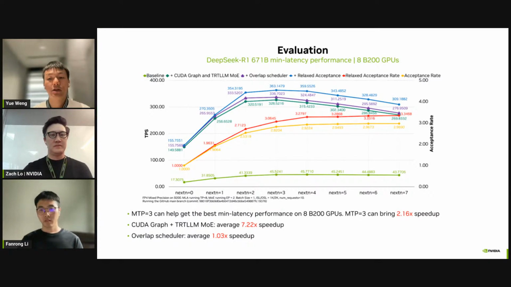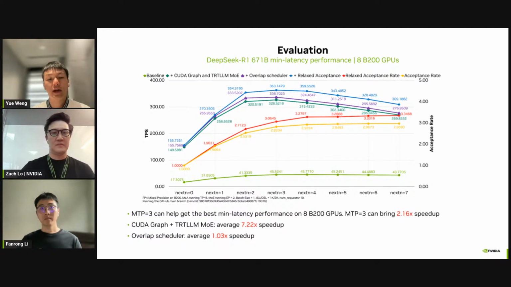In this figure, we show the result of DeepSeek R1 671 billion with FP4 mixed precision. For the min latency scenario, we test on 8 B200 GPUs. The parallel strategies are TP8 and EP2. The batch size is always 1. MTP Eagle is used. We test 10 requests with 1K input and 2K output.